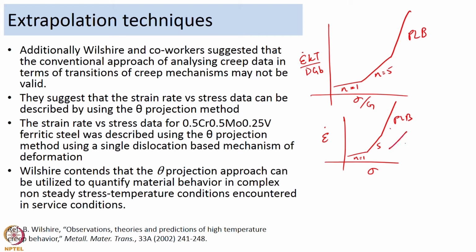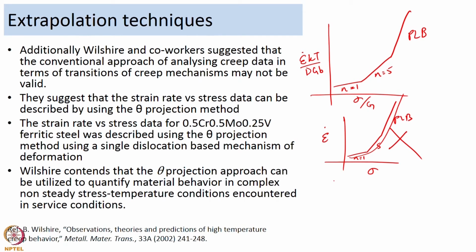So, they are saying this is not a completely correct approach, and for them there are no real transitions in deformation processes that are happening. They say again that the theta projection method can also be used to describe this data. What appear as transitions are actually a result of a change in some values of the theta value.